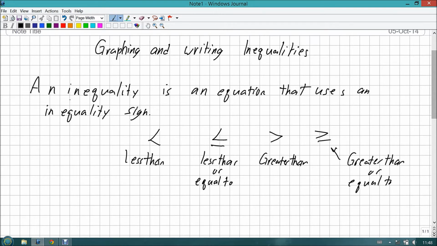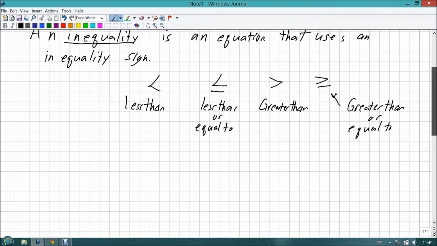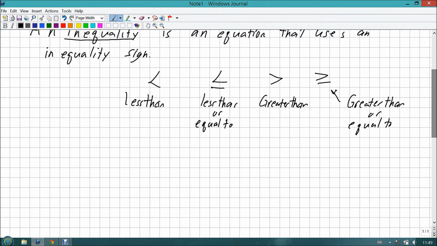So there are 4 inequality signs, and an inequality is just like an equation, except that we use inequality signs. Alright, so let's go on and see if we can find an example and then learn how to graph these guys. So let's look at a really simple example.